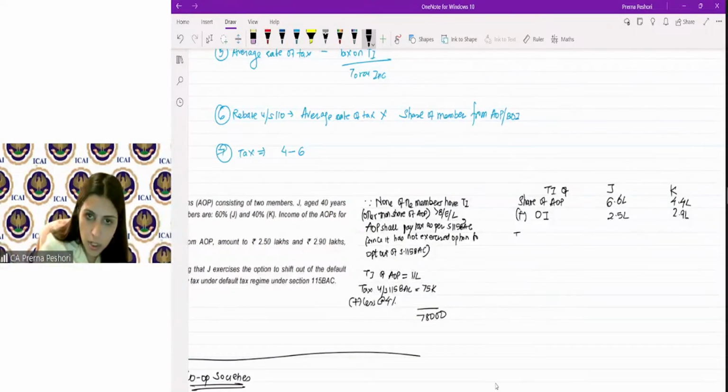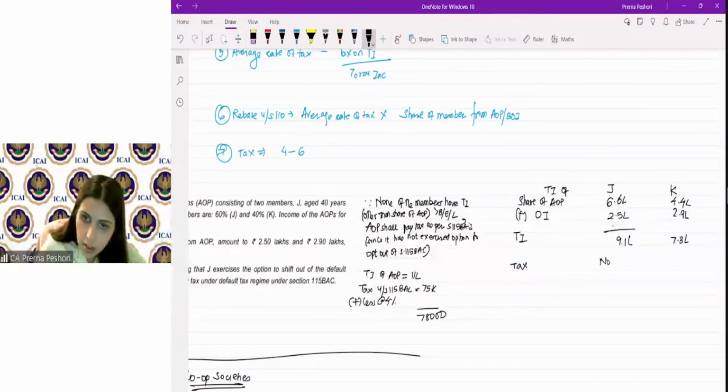So what is my total income? So 6.6 plus 2.5 is 9.1 lakh, and then 4.4 plus 2.9, 7.3 lakh. Isn't it?